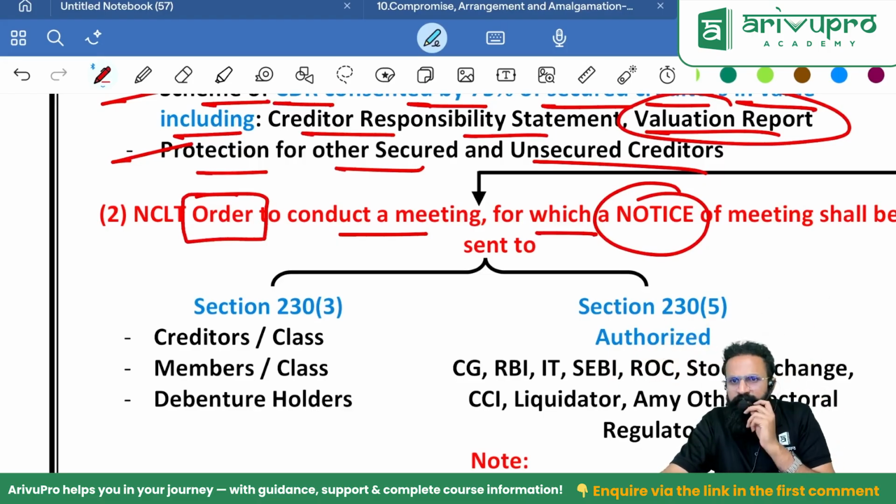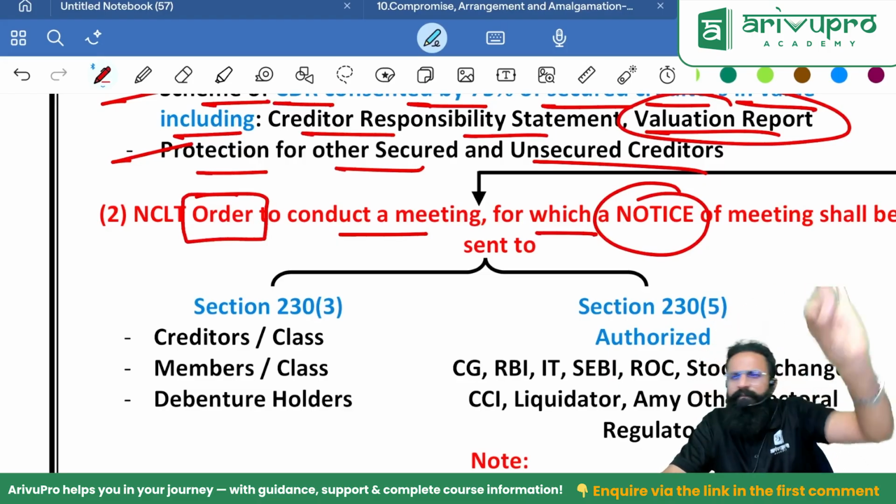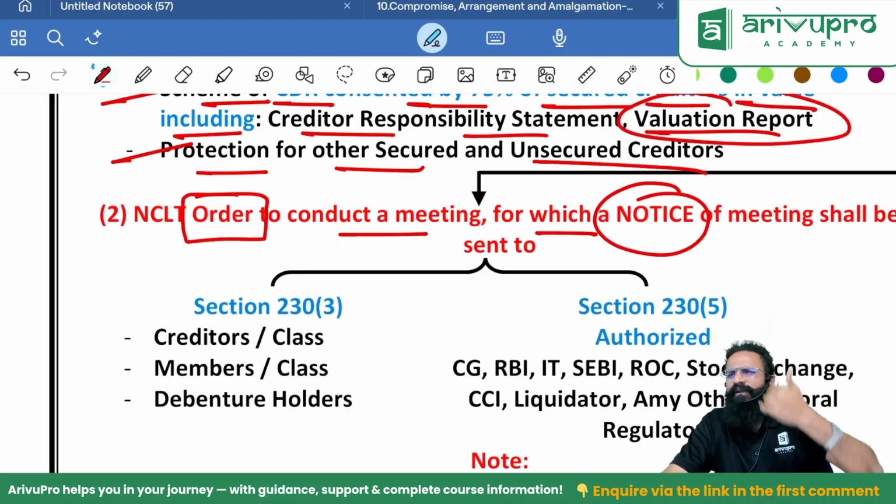So what will the tribunal tell? Hey, you do one thing, the company: you directly meet your creditors and you directly meet your members. If they don't have a problem, I don't have a problem. So the tribunal will tell the company to conduct a meeting. Now my question to you, what is this meeting called? Where did you see this reference? The tribunal is telling that company to conduct a meeting.